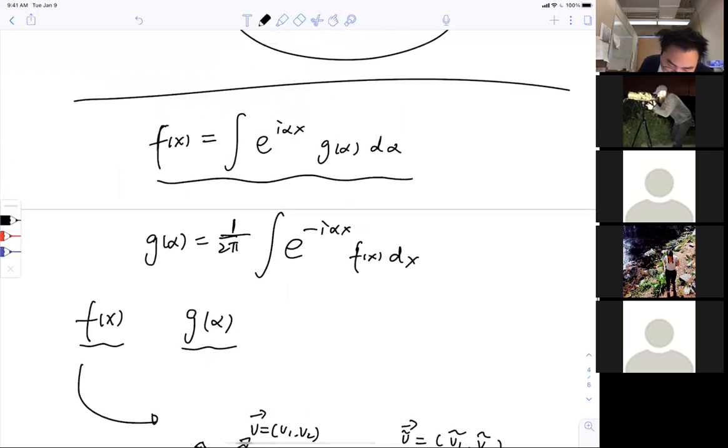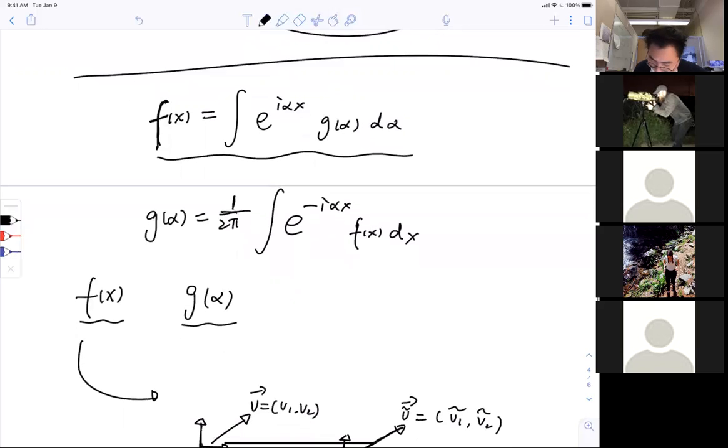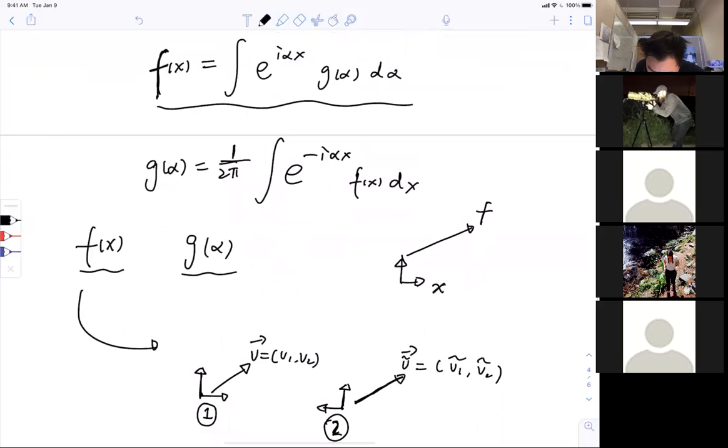Imagine F is some abstract vector. Originally we are in X space. Imagine X is a continuous version of your 1, 2, 3, basically Vn. Then it becomes F of x.